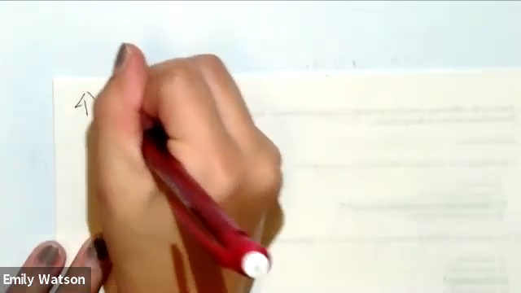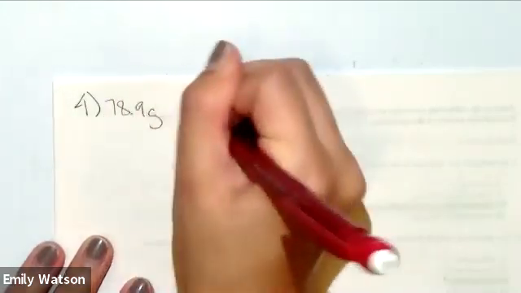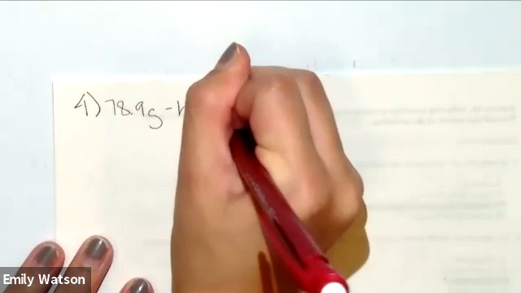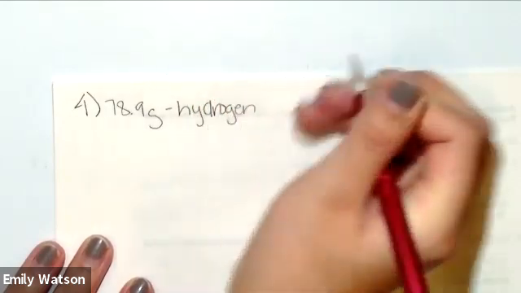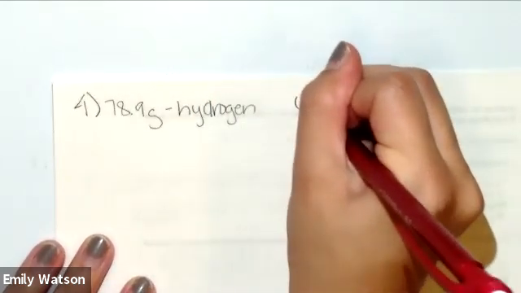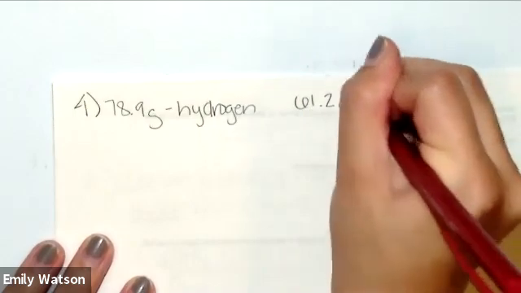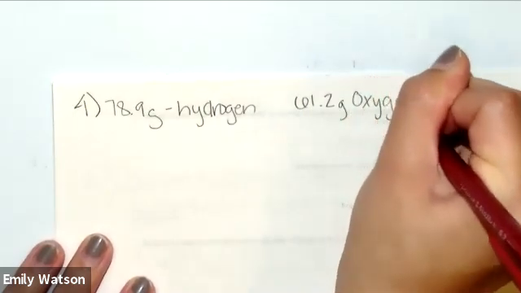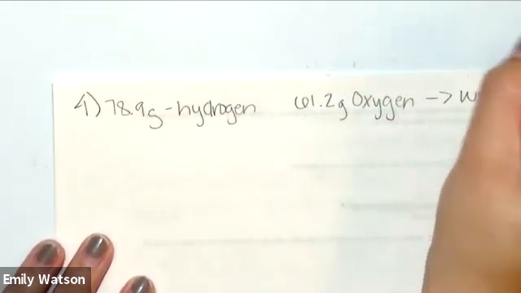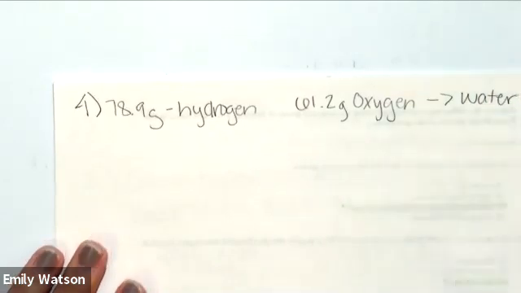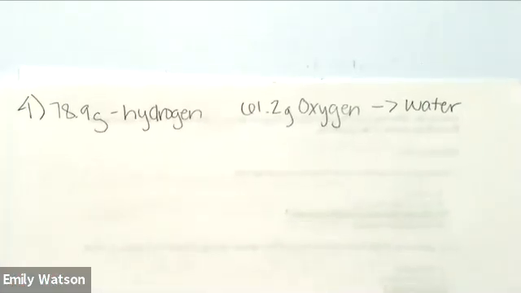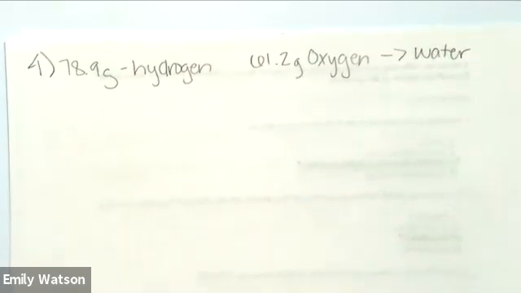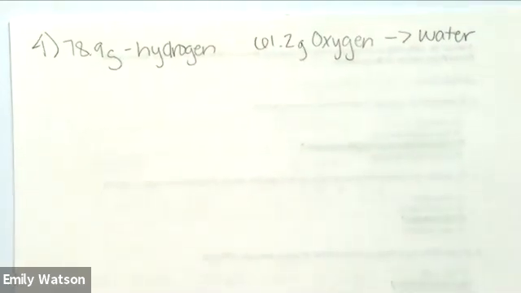So 78.9 grams hydrogen and 61.2 grams oxygen that go to water. How should I write hydrogen? H2. Yes.